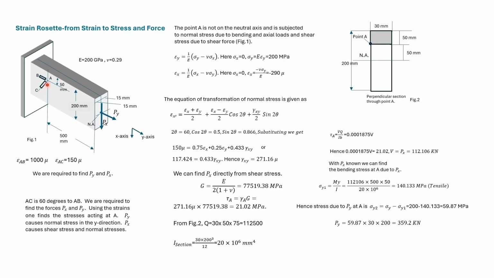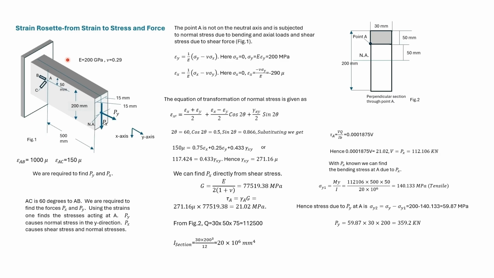Strain gauges are attached at point A. Point A is 500 millimeter from the free edge and 50 millimeter from the top. The angle between AB and AC is 60 degrees. AB is parallel to the top edge.